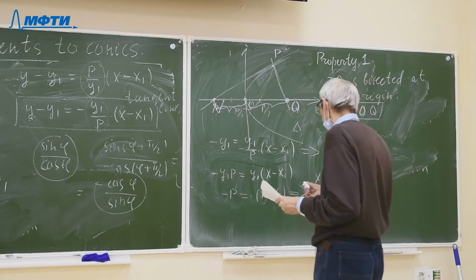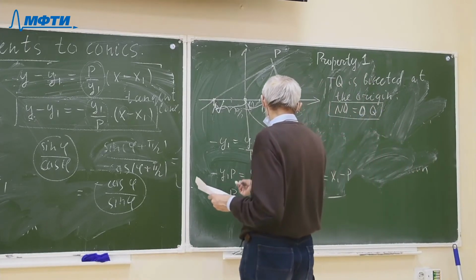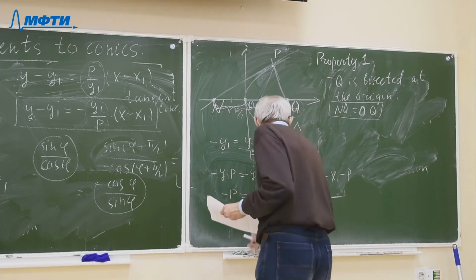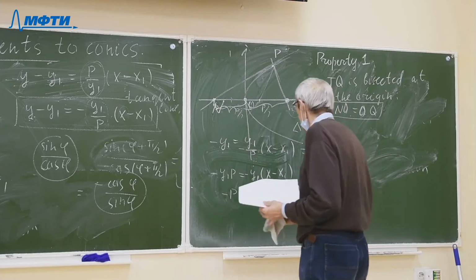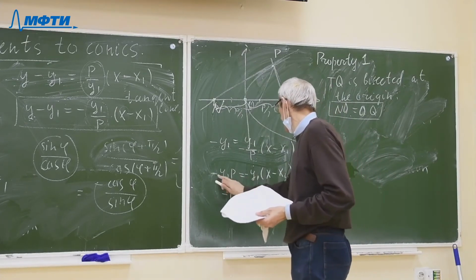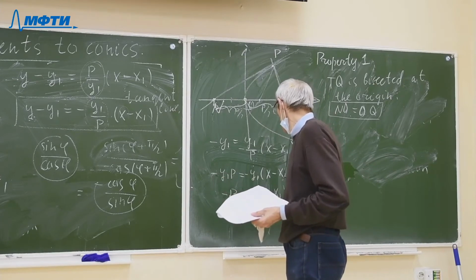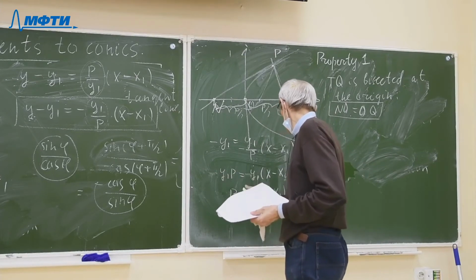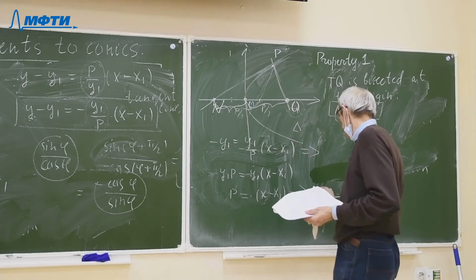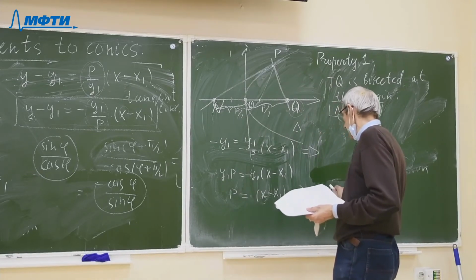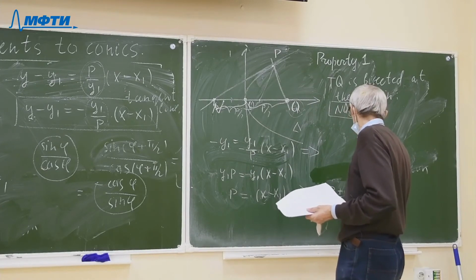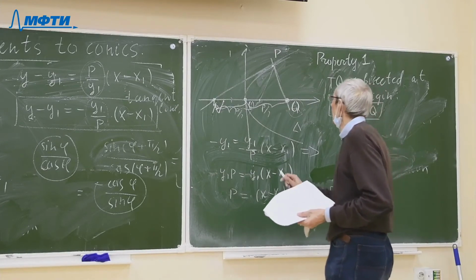I'm sorry, I made a mistake. Minus plus, and x is equal to p plus x1.